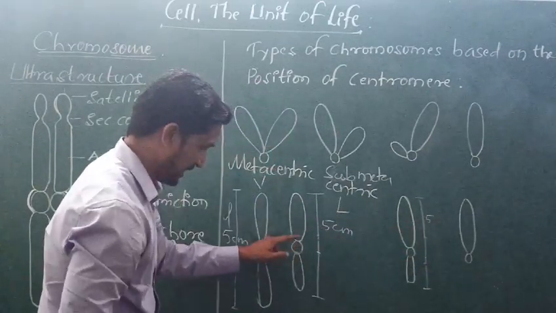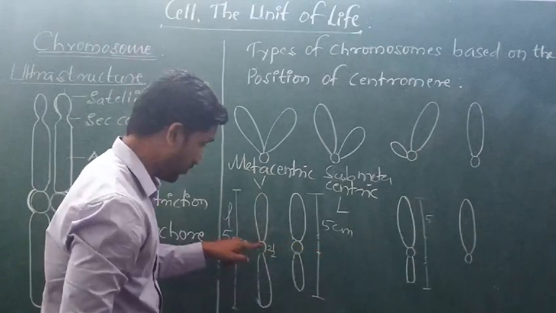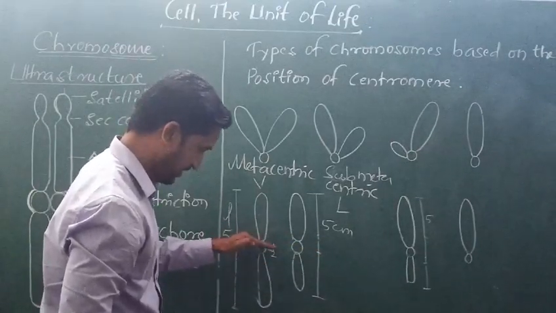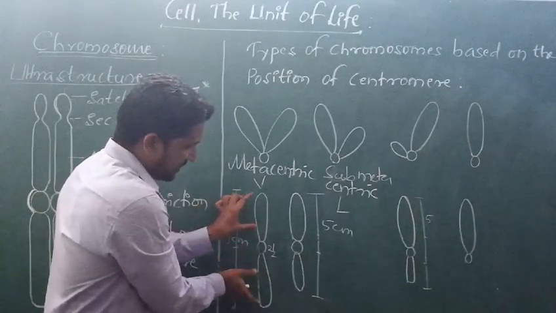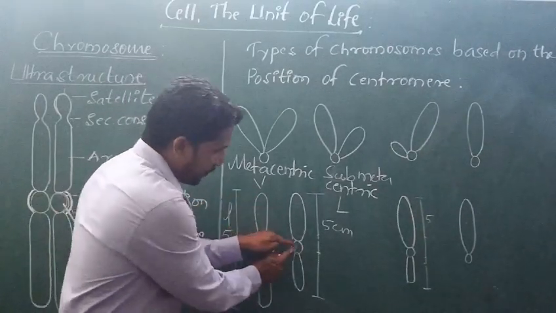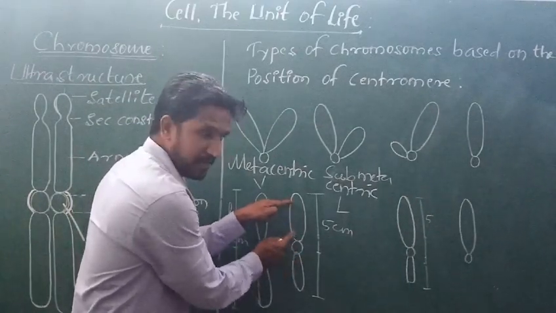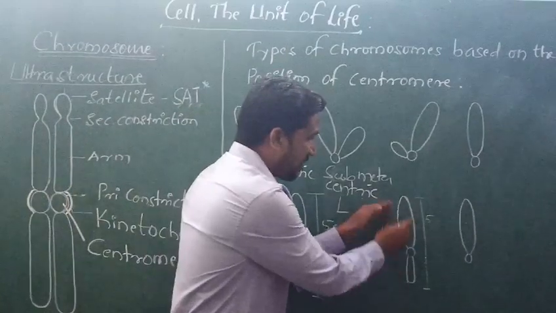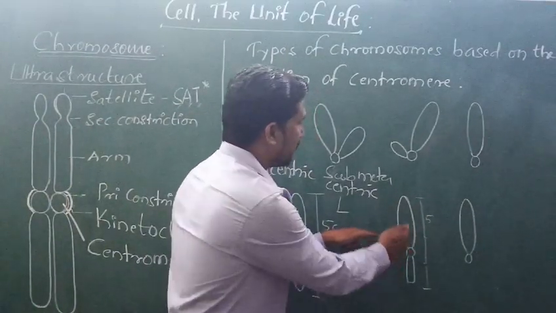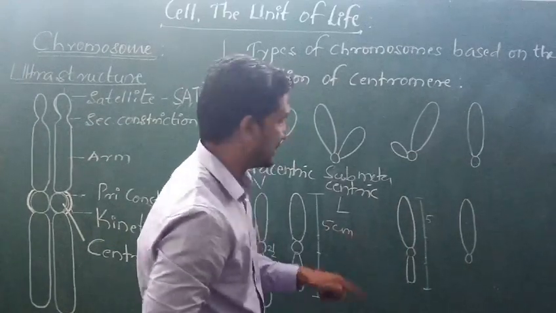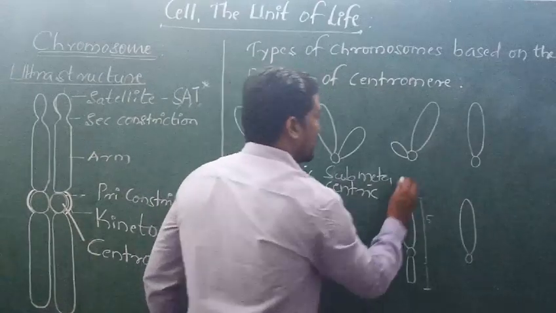The centromere is present at the center of the two chromatids in metacentric. In submetacentric, the centromere is slightly away from the center. In telocentric, the centromere is far away. So such types are said to be metacentric, submetacentric, telocentric.